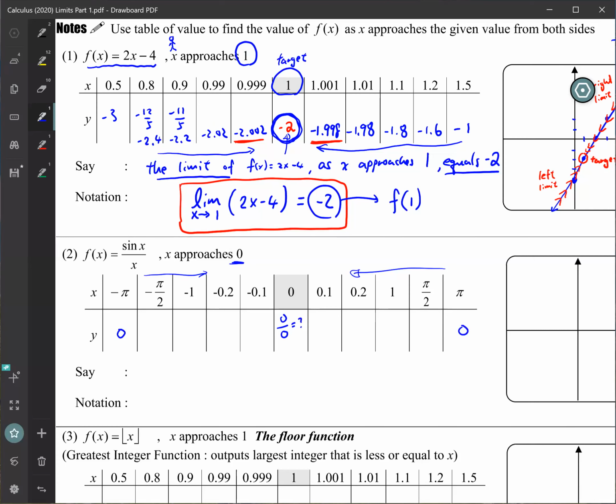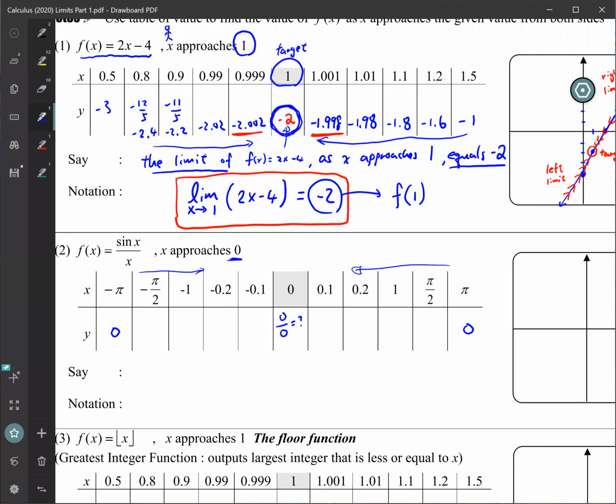Okay, Kelly, can you tell me your value for the left side, starting from negative pi over 2? I have 0. Should I keep it to 2 decimal places or 3? 2 or 3, either one, it's fine. Okay. I have 0.64, 0.84, 0.99, and 0.998.